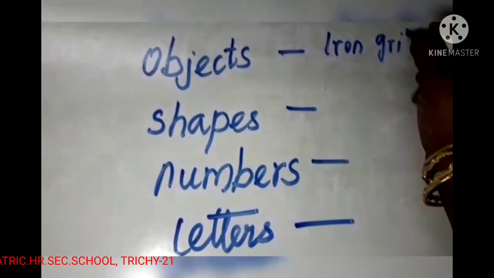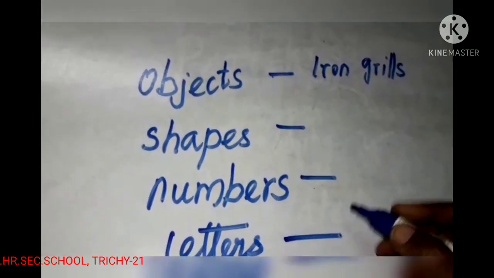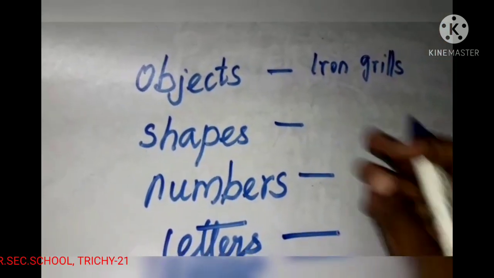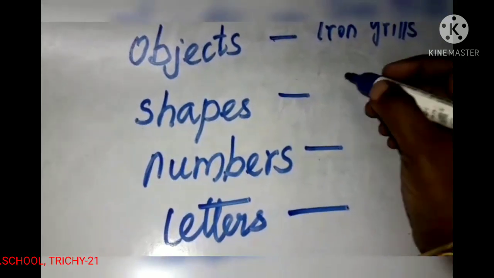Iron grills are a very fine example for objects.